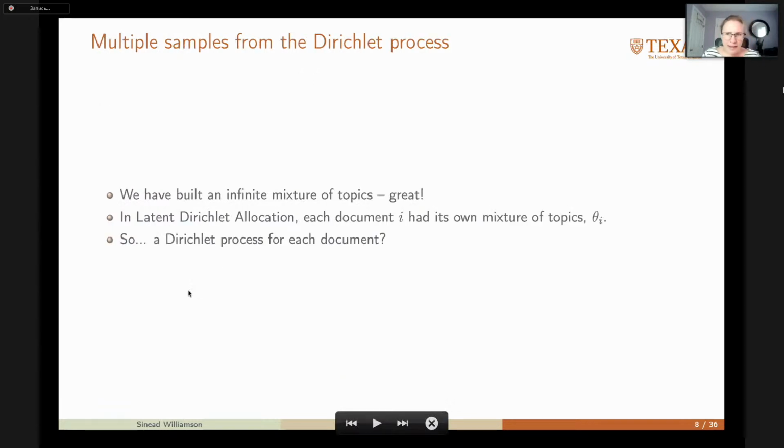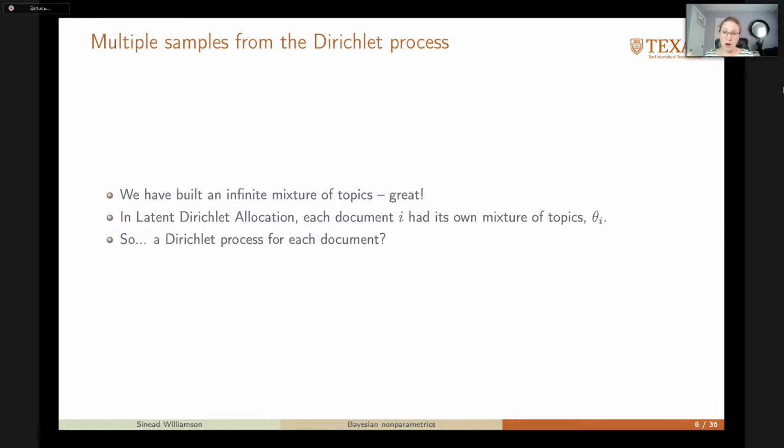So now we're almost there, right? We've built an infinite mixture over topics. But we actually had something more sophisticated than just a mixture over topics in LDA. We had this admixture, or this hierarchical construction. Rather than having one mixture of one infinite, or finite in that case, distribution over topics, each document had its own distribution over topics.